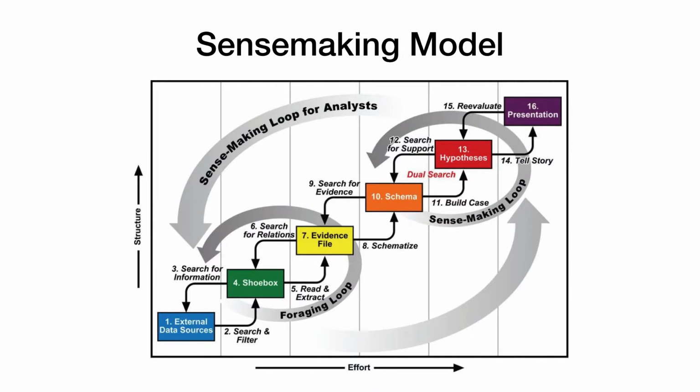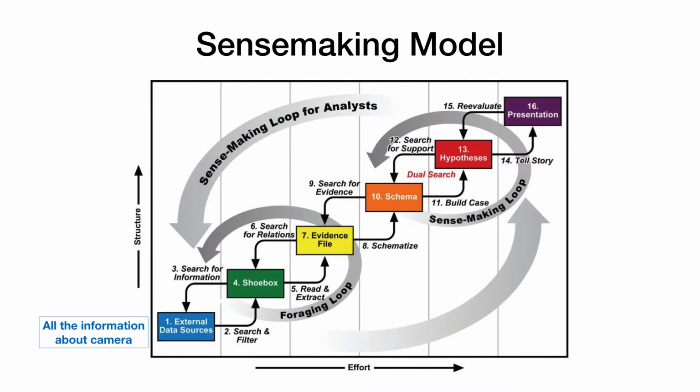And the y-axis represents the structure of the result of sense making. At the beginning, there's very little structure. For example, the search result is only marked either relevant or not relevant. At the end, when you're making a presentation, it's a very structured story-like narrative you created from all the information you gathered during the sense-making process.